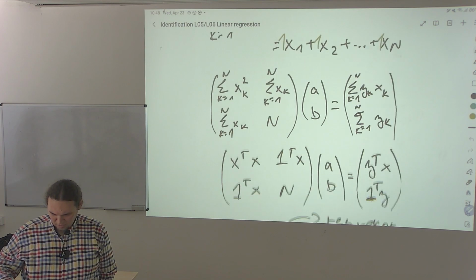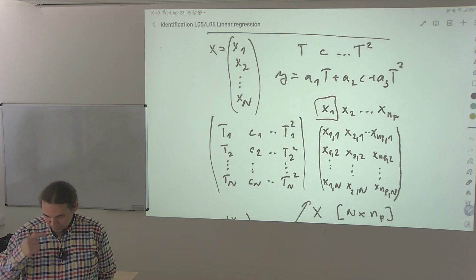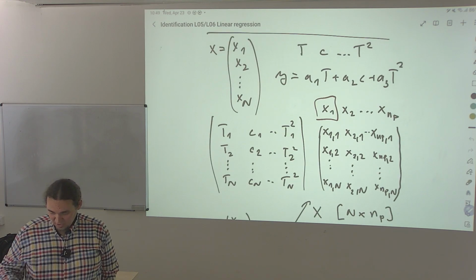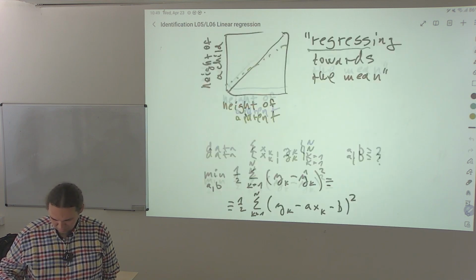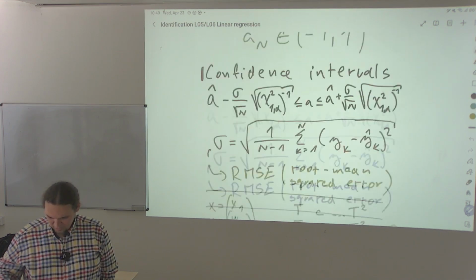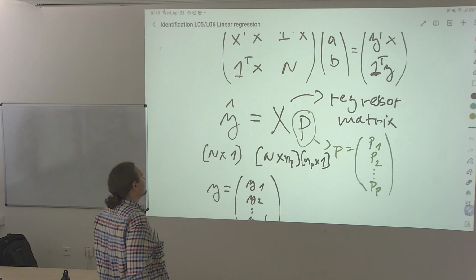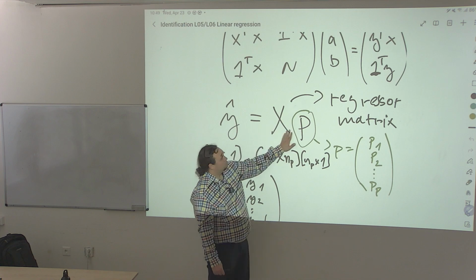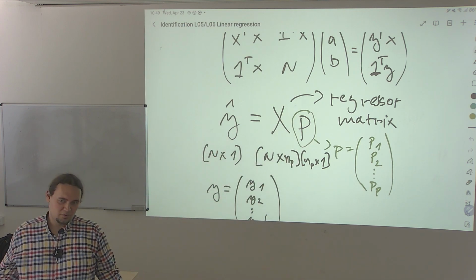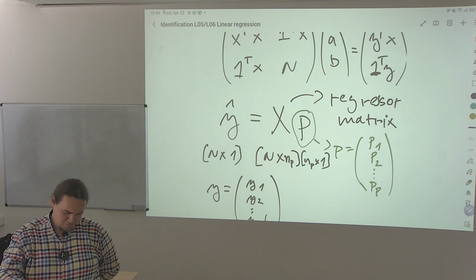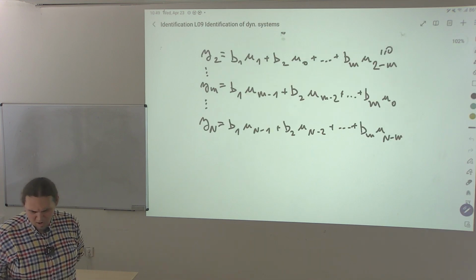How did we get there? Basically, we built these sort of matrices. Where is the expression I'm looking for? Oh, okay, this one. We build this form because our prediction model was linear.